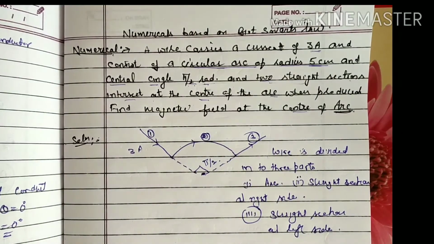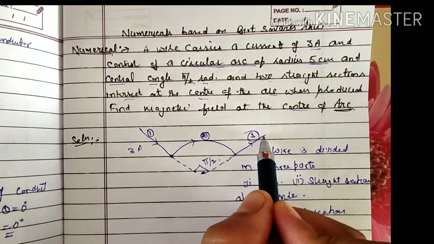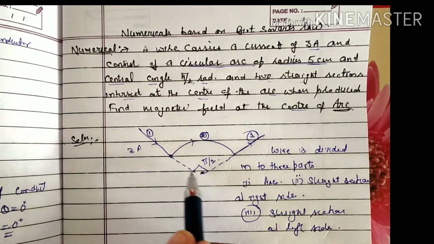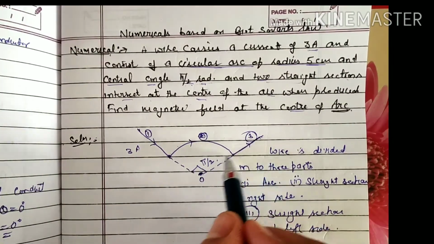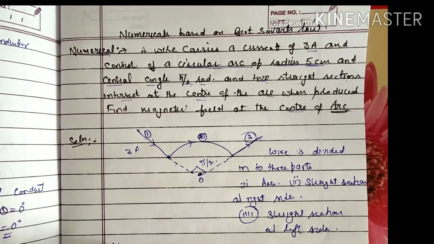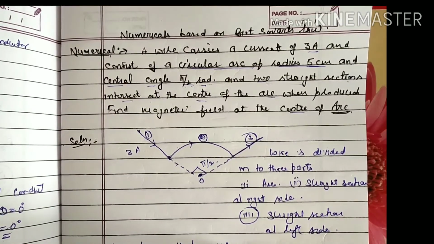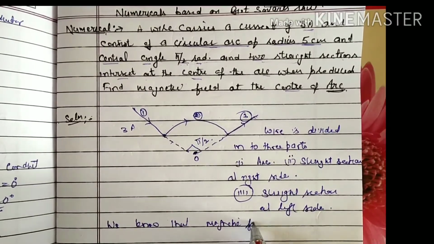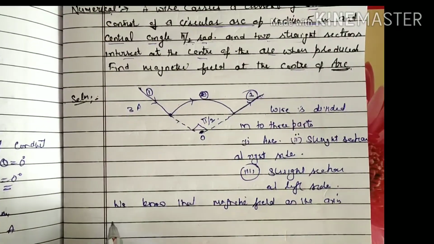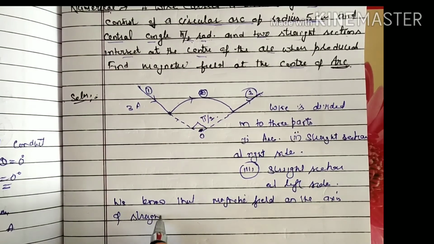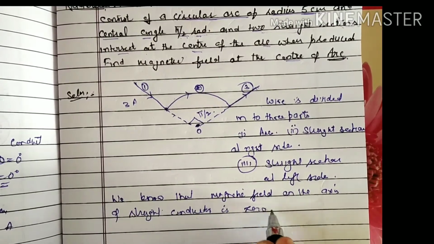So we know that now you see these first and third parts, the point of observation lies just on the axis of these straight sections. So we know that magnetic field on the axis of a straight conductor is 0.